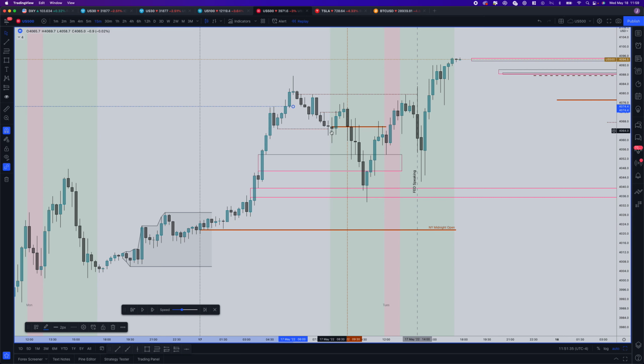This is 8:30 when we came in. We started retracing up, and then there was a sell off here. This was the 8:30 opening price. We went into a premium from that, so again it was all confirming bearish for me.